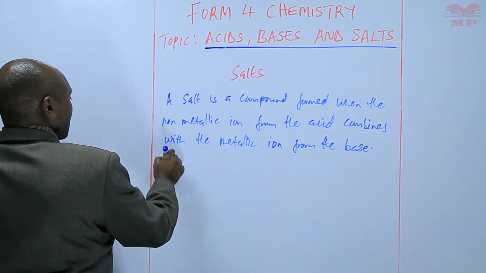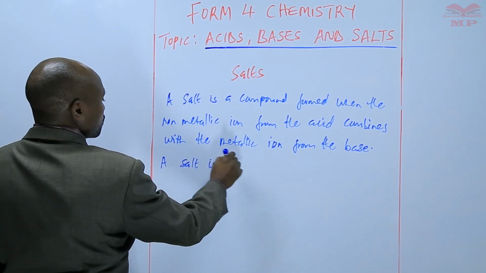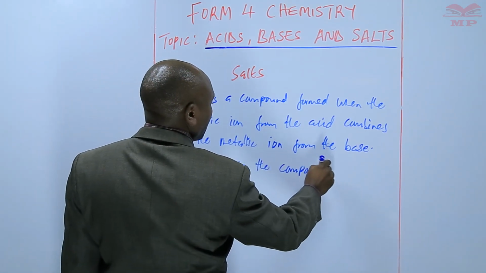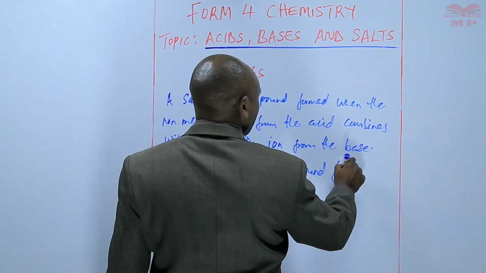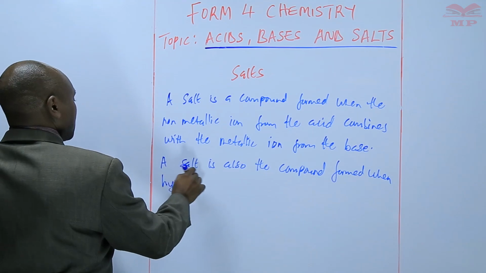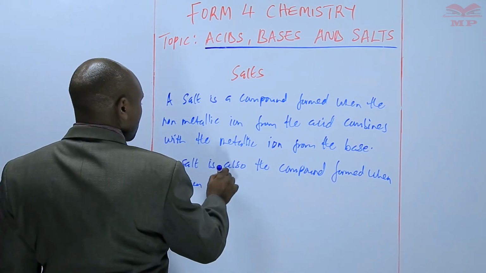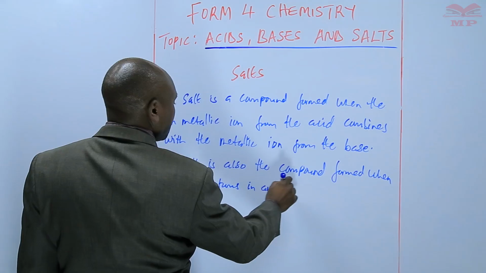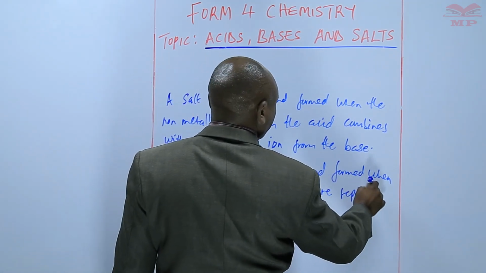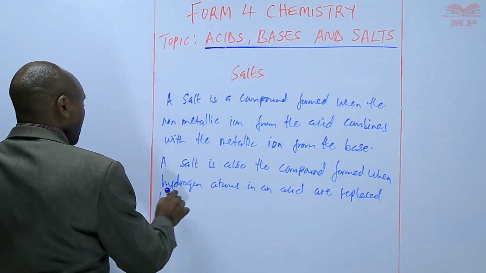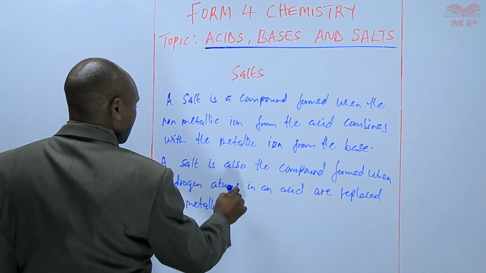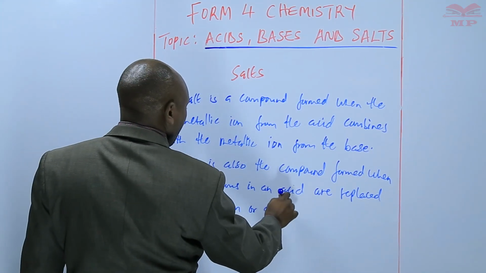And that's what leads to neutralization. On the other hand, we say that a salt is also the compound formed, as another definition, when hydrogen atoms in an acid are replaced by a metallic ion or ammonium ion.